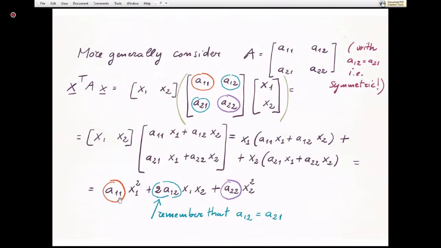What is the result? A11 x1 squared, and A11 is here, plus twice A12 x1 x2, twice the mixed coefficient here, okay, plus A22 x2 squared, and A22 is here.